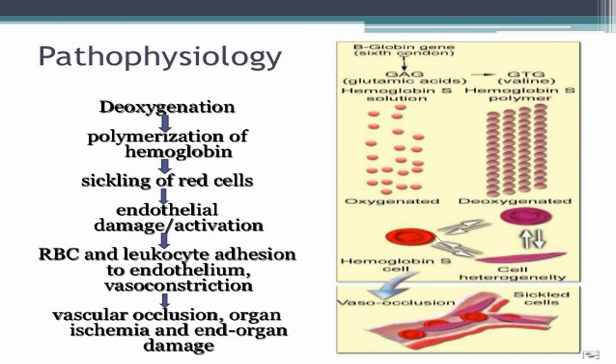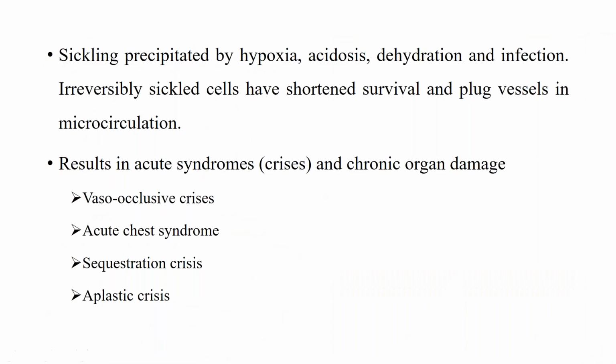This polymerization leads to the shape of the RBCs being changed to sickle cells. And these sickle cells are not able to traverse our blood vessels so easily, which leads to vaso-occlusion. They can lead to organ ischemia and also end organ damage and lead to crisis. And how is this sickling precipitated?